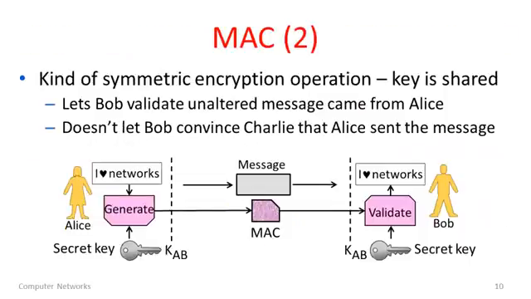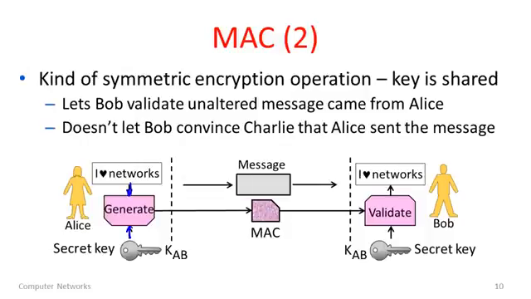Now, a MAC itself is conceptually some kind of symmetric key operation. And so I've drawn a picture here that should look very like our encryption for confidentiality. What happens here is that Alice starts with the plain text and she runs it through some generation function for the MAC. This is just like an encryption box, only slightly different.